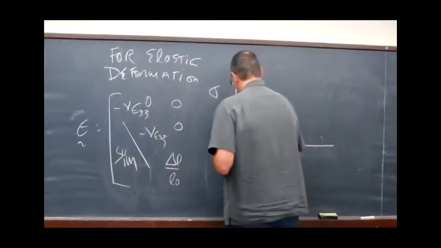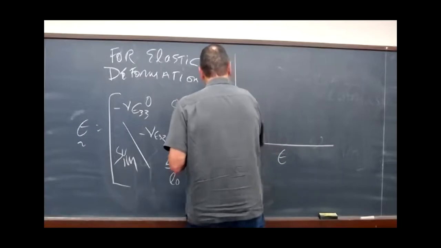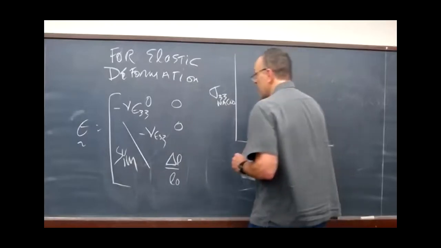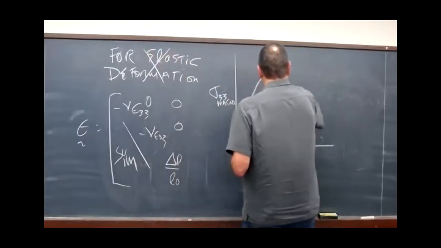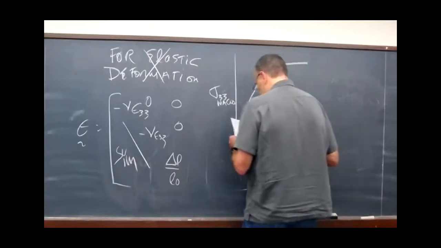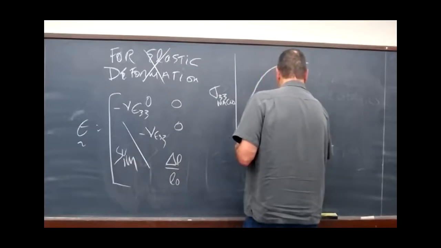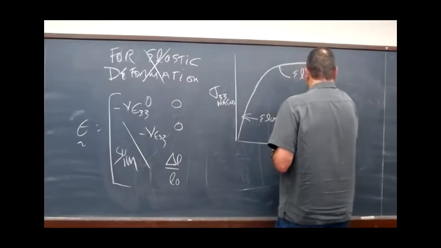So we look at a macroscopic stress strain curve. Again, this is sigma 3,3, epsilon 3,3. Now we're going to go beyond elastic deformation. We'll load up, and we have these regions. Here's what's called elastic. This region is called elastoplastic.